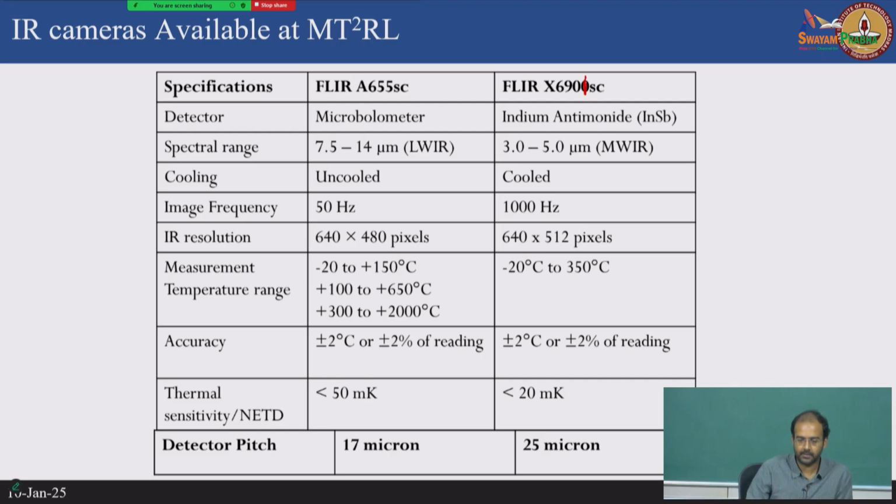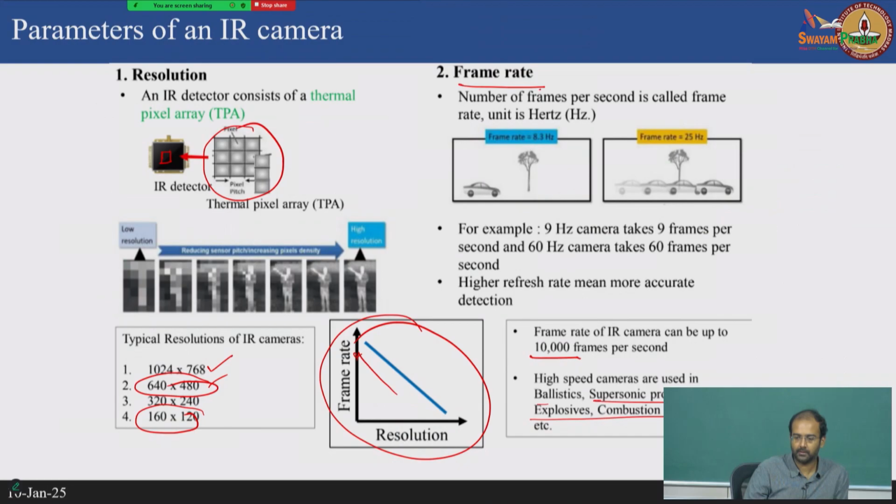You can see the differences in the resolution, and you can see the frequency at this full resolution: 1000 hertz. Frequency is basically the frame rate here.